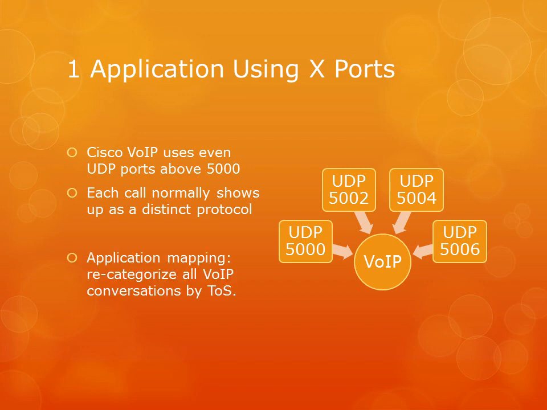An application mapping rule would say, if I ever see traffic using TOS 8 or TOS 16 or whatever TOS value is associated with your voice traffic, instead of labeling the conversation as UDP 5002, UDP 5004, or UDP 5006, label it as UDP 65,000, some high number unlikely to be used by any other application. All the traffic for those phone calls then gets put into one single bucket. It all gets reported as one single unit because that's what it is.